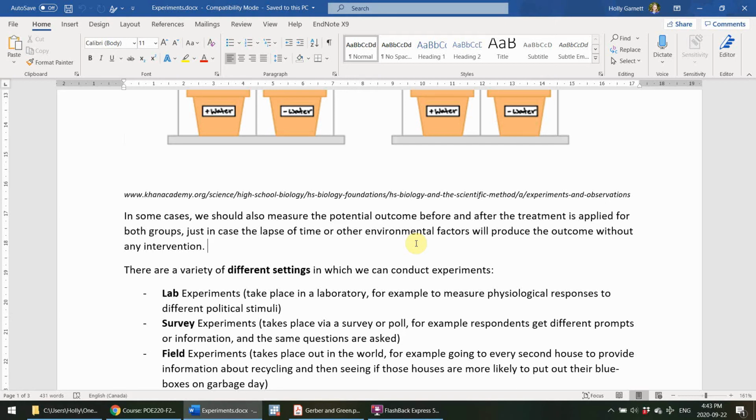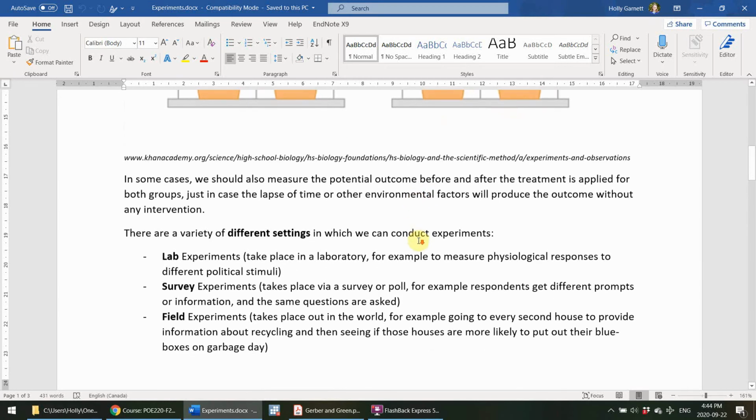Because over time, the parents are getting older, they get better at raising their kids, whatever it is. And so maybe the kids' outcomes are better for everybody over time. So what you want to really see is the rate of improvement in the kids' reading levels or whatever better with this childcare option versus without.